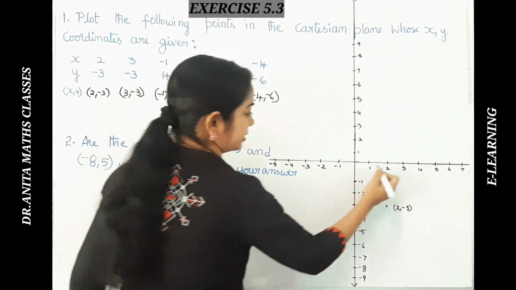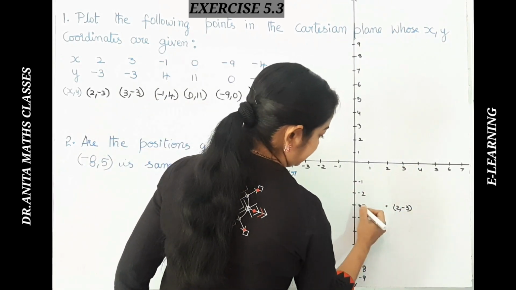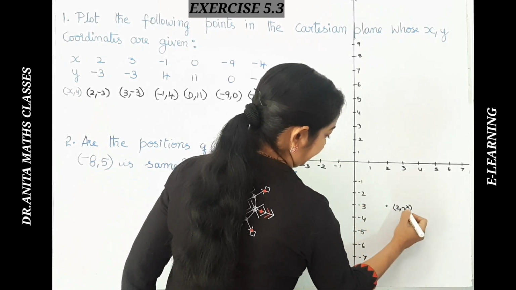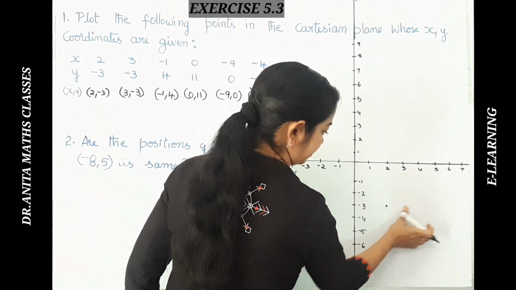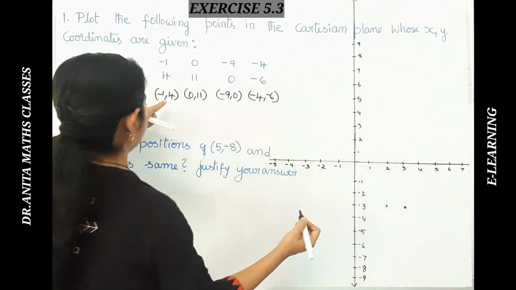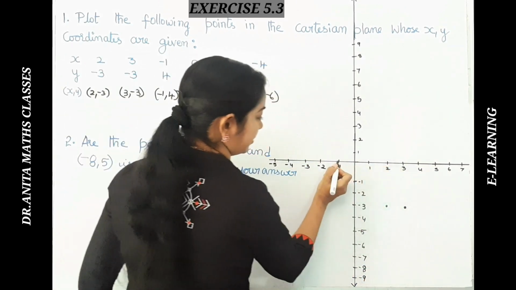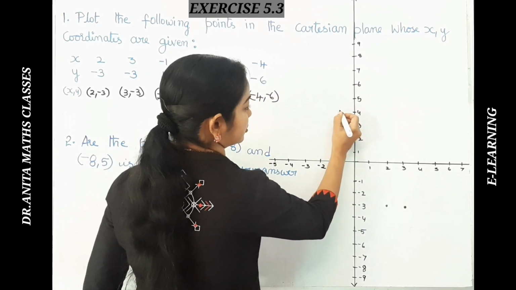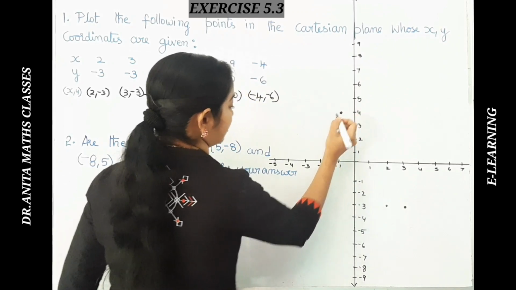Next (3, -3), so (3, -3) here. And (-1, 4). So this is here. Let me plot first.